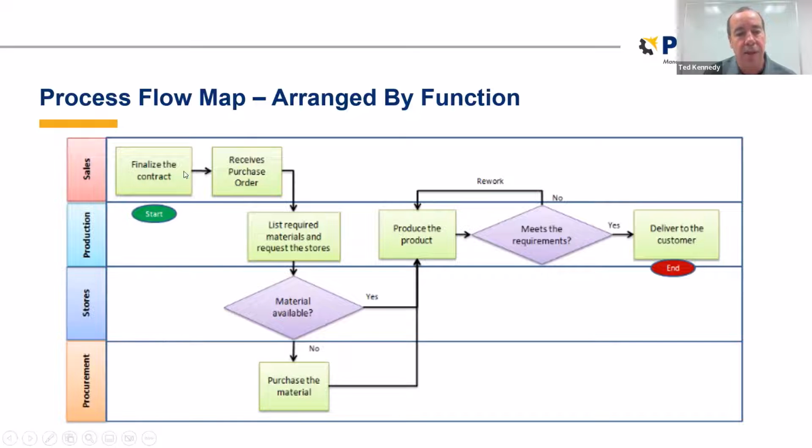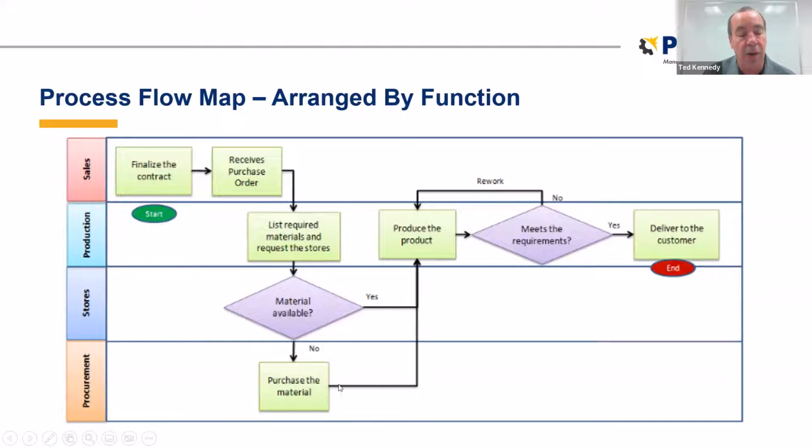This one has a sales function; they finalize the contract, receive the purchase order, and then it's handed off to the production operation that processes the product, and then it goes to the stores area for material. They'll send it into the production area, and then the purchasing department may have to purchase material. So you can see how it's all separated by activity.